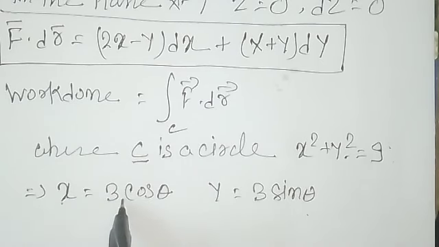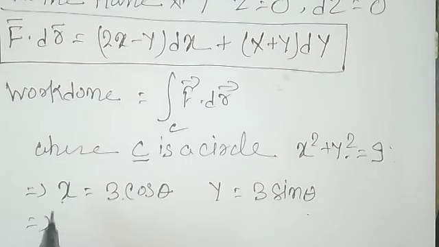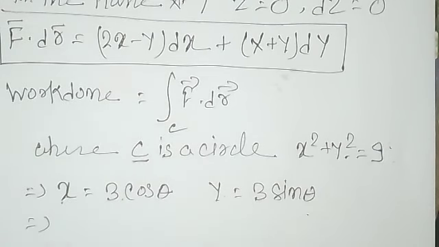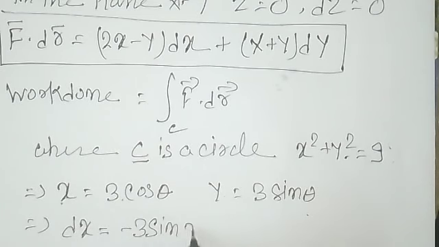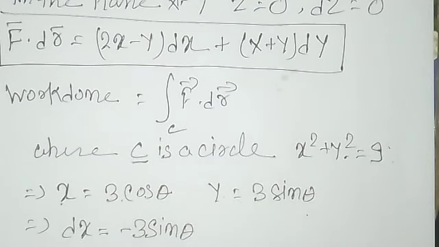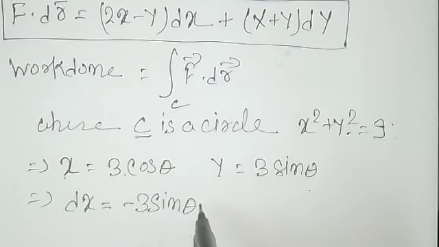As we have taken x is equal to 3 cos theta, dx is equal to minus 3 sin theta into d theta, right?